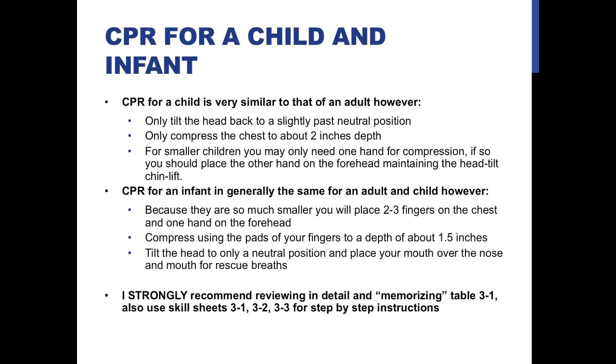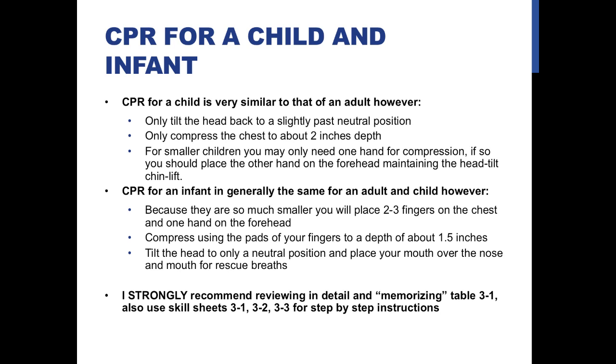So people usually ask, how do you know age differences? Anyone that is 12 years or older should be cared for like an adult. Now, with that being said, they are a minor, but the care is just of that as an adult. A child is anyone ranging from 1 to 12, and an infant is anyone younger than 1.